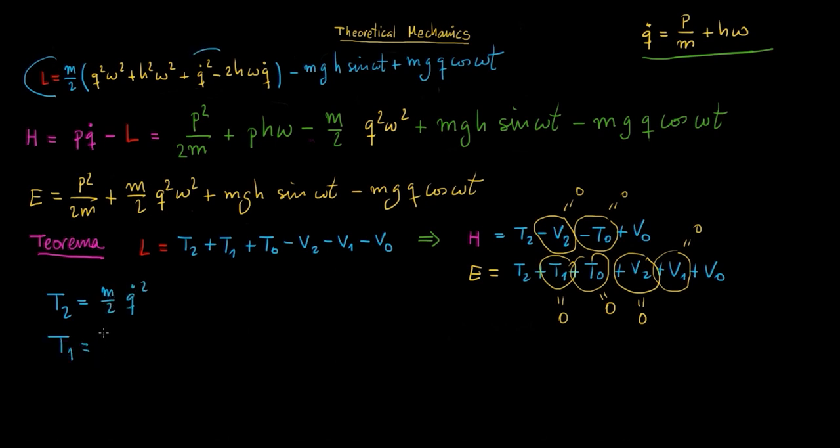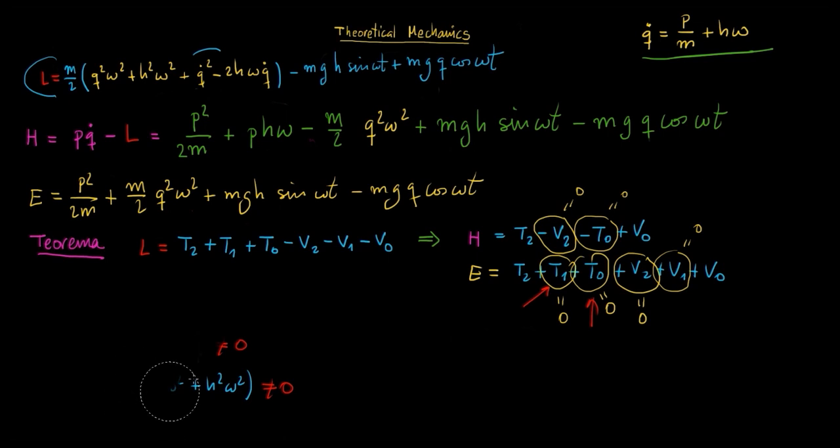T1 is equal to m over 2 times minus 2h omega q dot, and T0 equals m over 2 q squared omega squared plus h squared omega squared. So T1 is different from 0 and also T0. Therefore, the conditions are not met, so the energy cannot be the Hamiltonian.